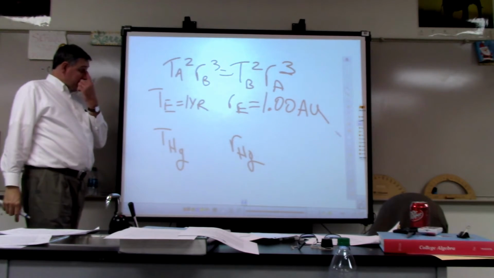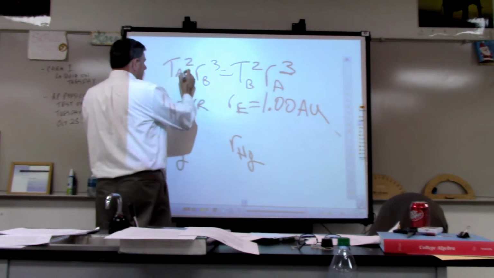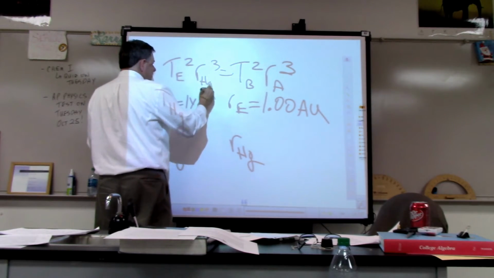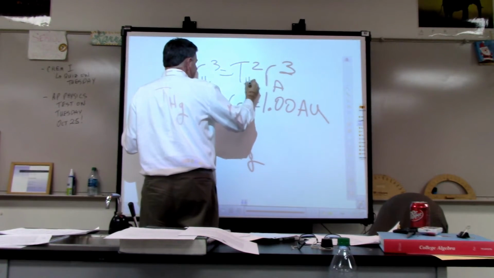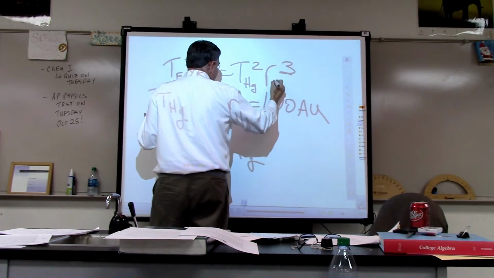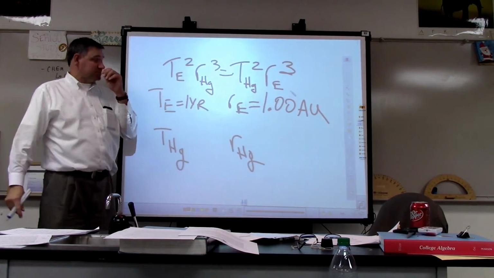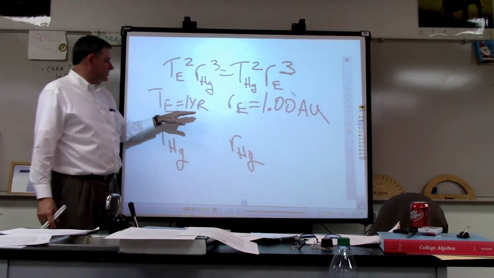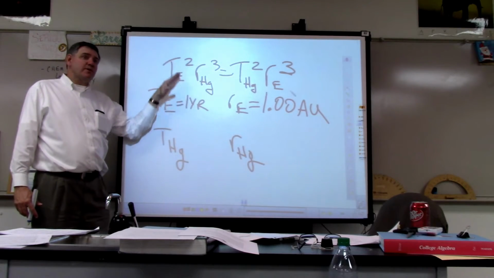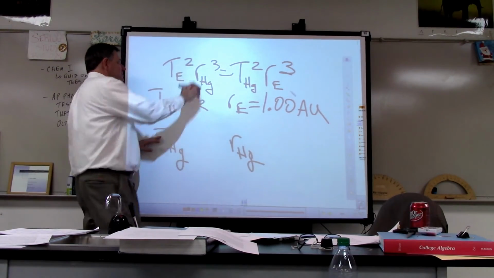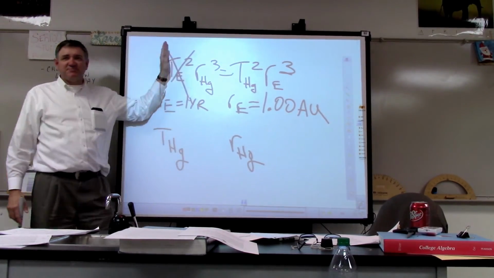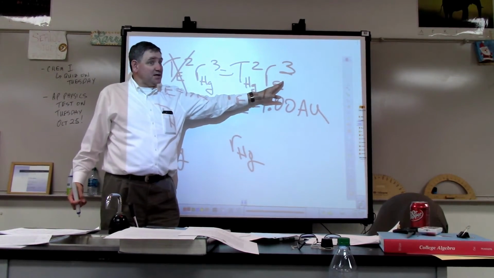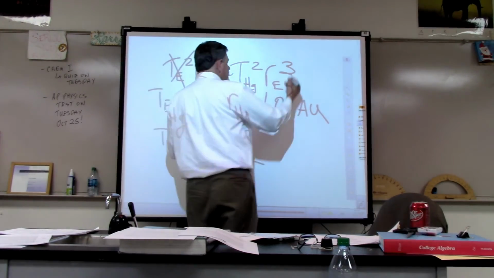Now, here's where the magic happens. So I'm going to rewrite this as the period of the Earth times the radius of Mercury cubed, and then the period of Mercury squared and the radius of Earth cubed. Now, here's where the magic happens. As complicated as this looks, if you let the period of the Earth be 1 year, 1 squared is 1. So this, mathematically, just becomes 1. Over here, you're going to let the radius of the Earth be 1 astronomical unit.